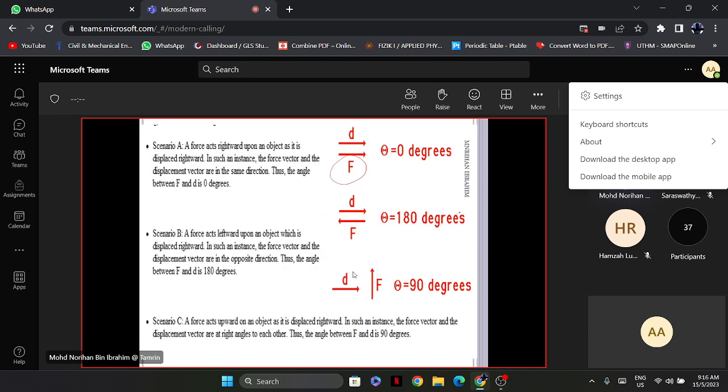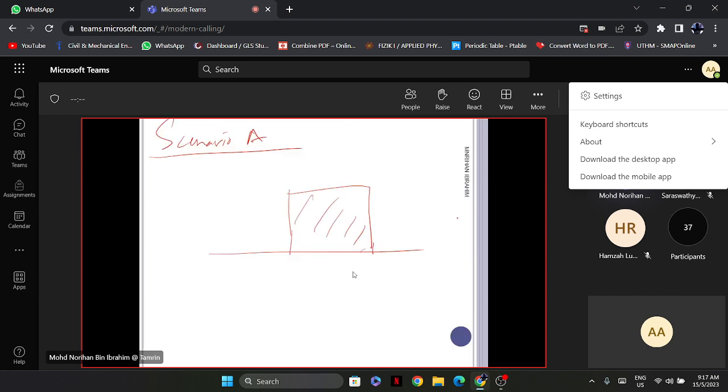A force acts, and the force vector is in the same direction as the displacement vector. So we have this kind of block or crane. When the force acts rightward, it will displace rightward as well.